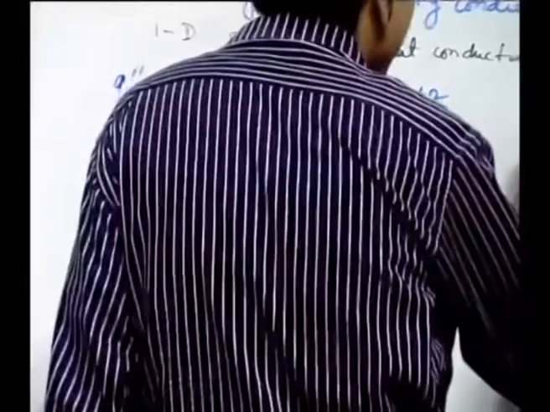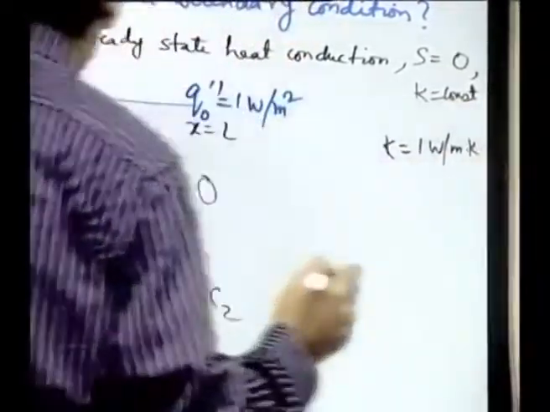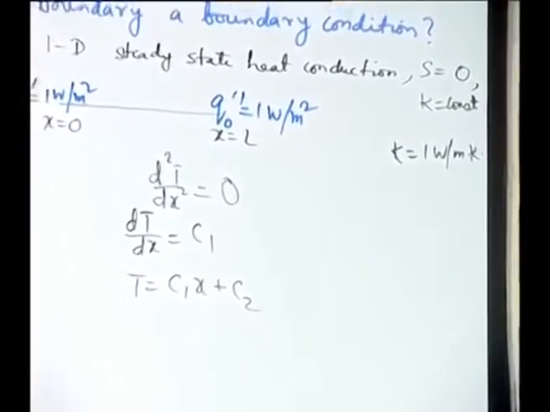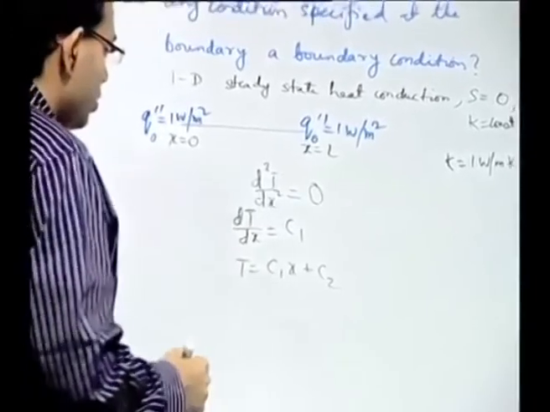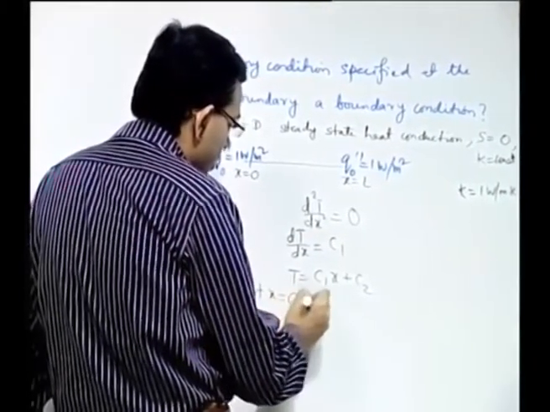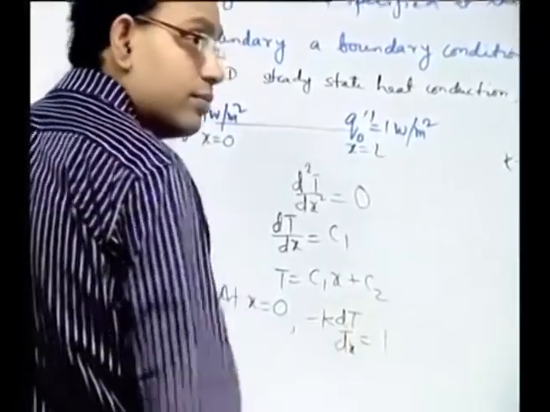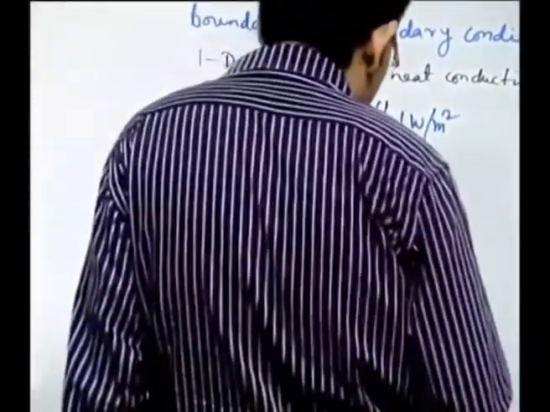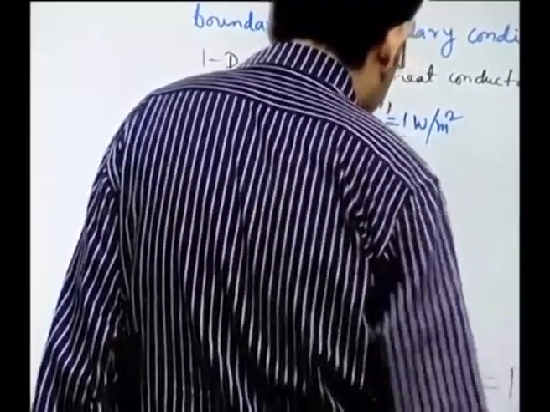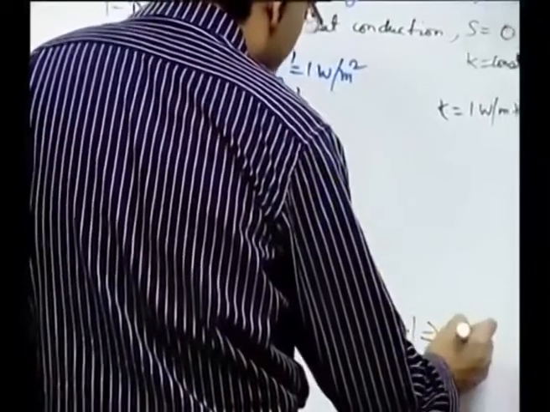Let us say that the thermal conductivity of the material is 1 watt per meter Kelvin, just for simplicity in numbers. So, at x equal to 0 you have minus k dT/dx equal to 1. So, that means dT/dx equal to minus 1, that means C1 equal to minus 1.